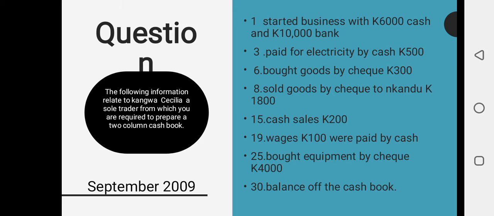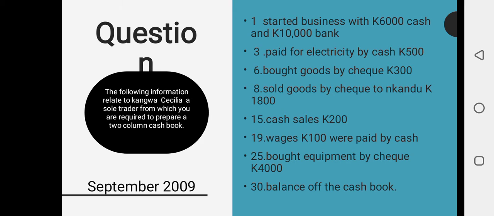On the 19th, Kangwa paid out wages worth 100 kwacha, which were paid by cash. On the 25th, bought equipment by check worth 4,000 kwacha. On the 30th, we are asked to balance off the cash book.